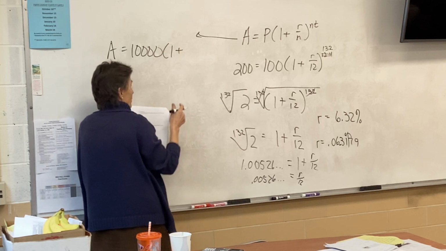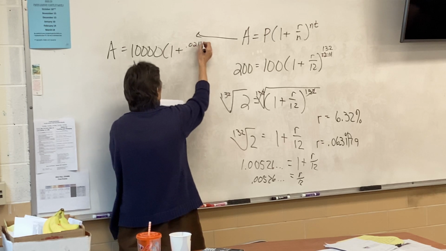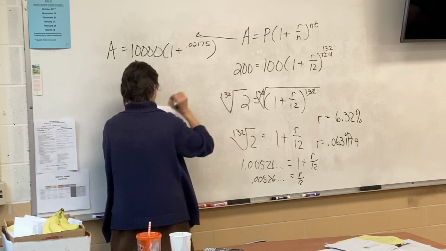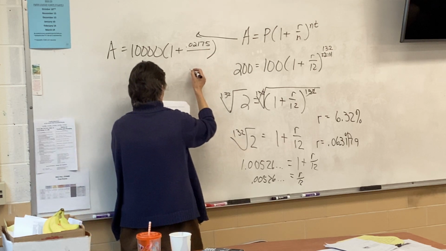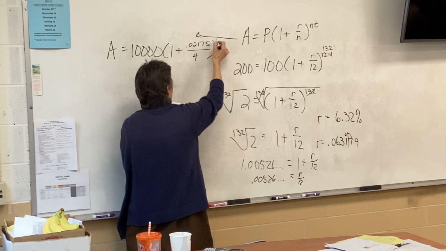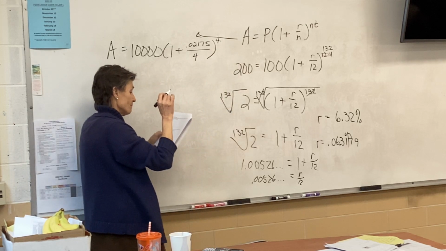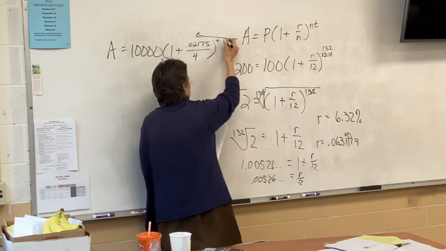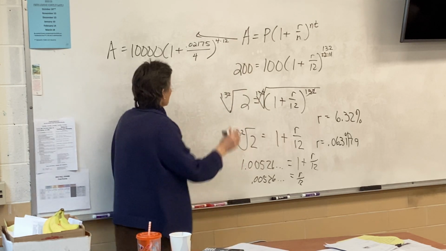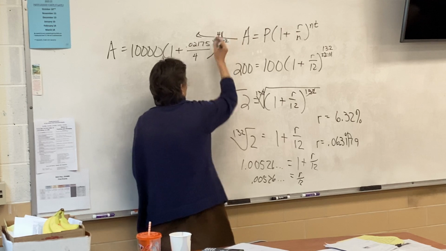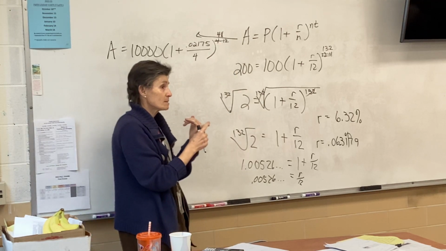What's my interest rate? Be careful. 0.02175. What's my N? 4, because it's compounded quarterly, and T is 12. So my exponent is actually 48. Do I need logarithms?